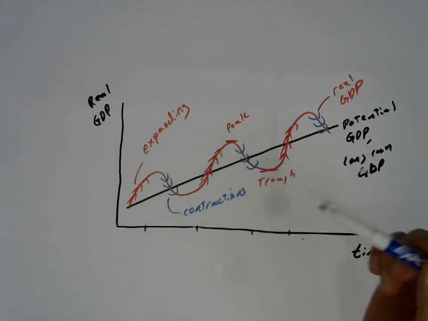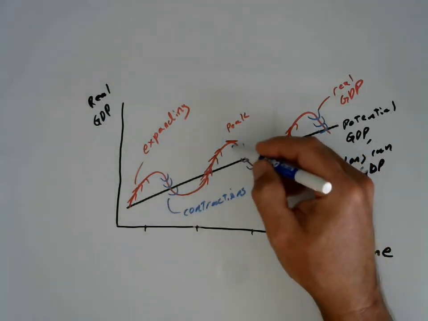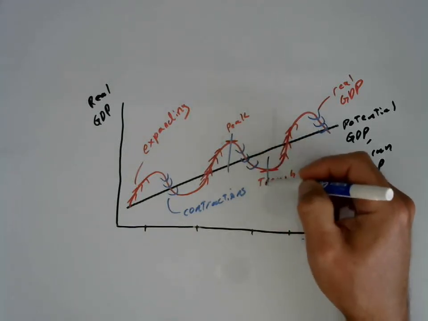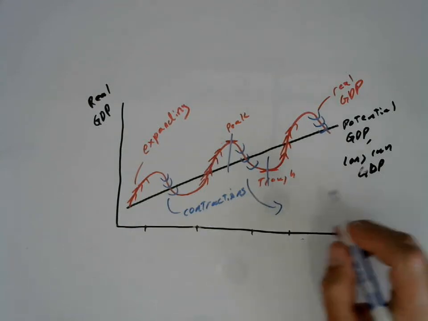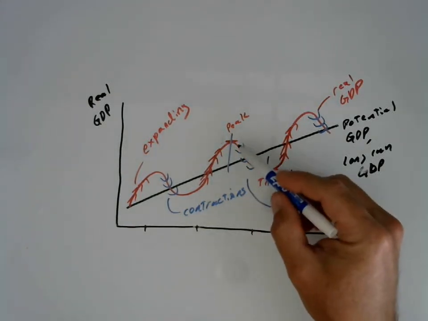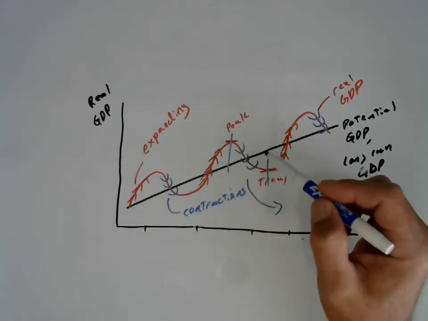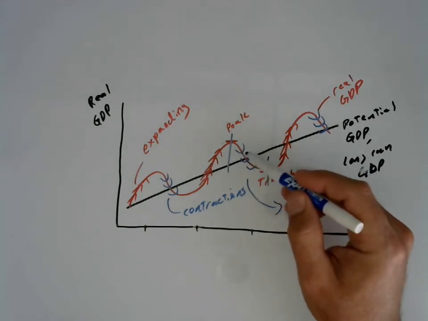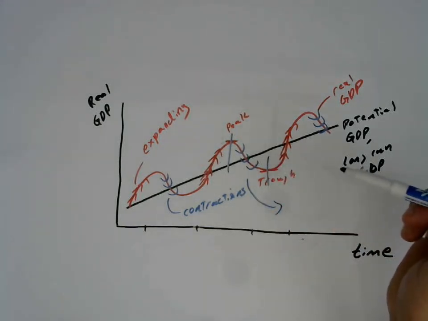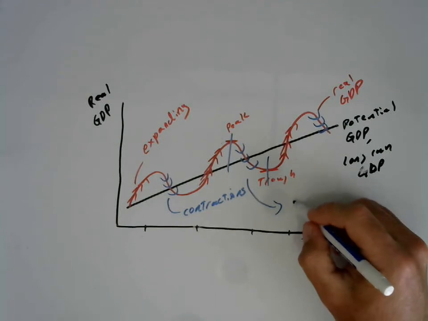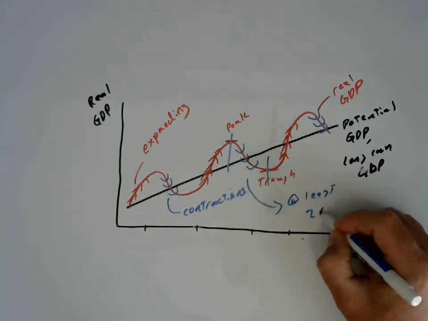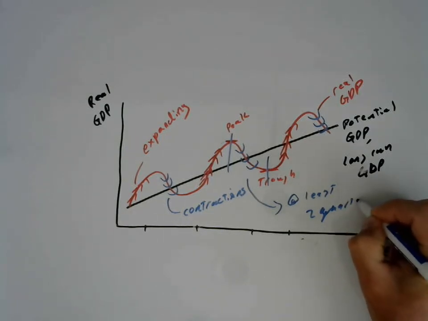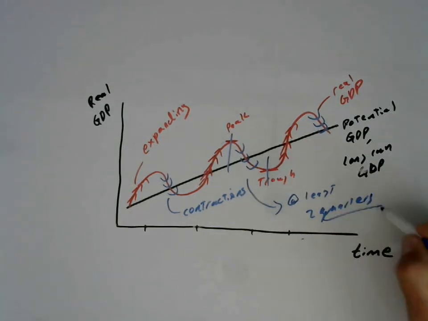Now, one characteristic about this contractionary period, or the length of this contractionary period: if the economy contracts, or in other words, has negative short-run growth rates for at least 2 quarters, okay, we call that a recession.